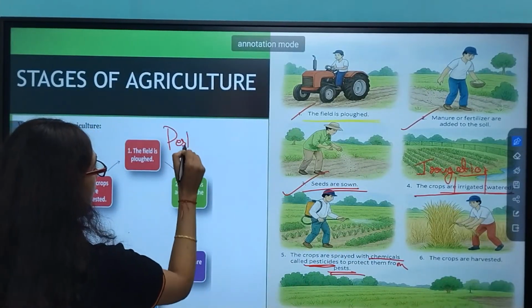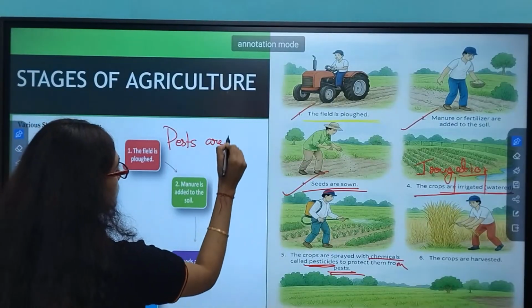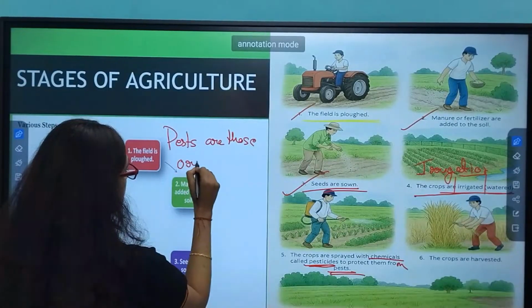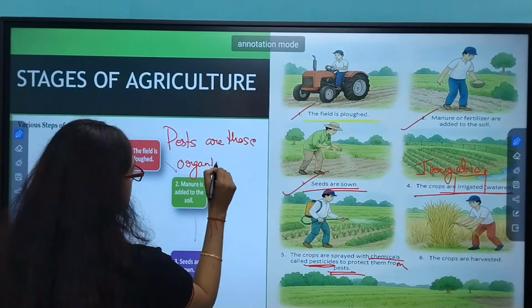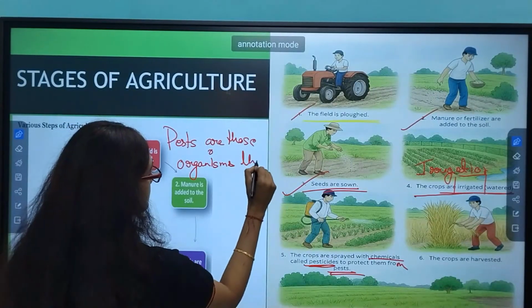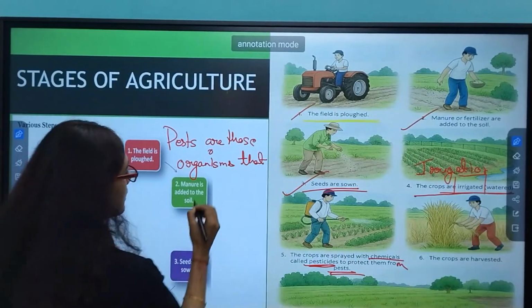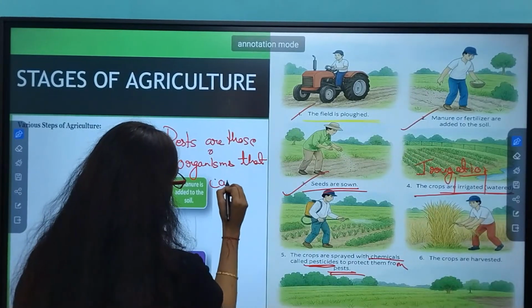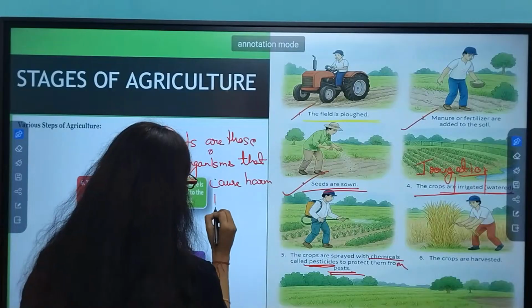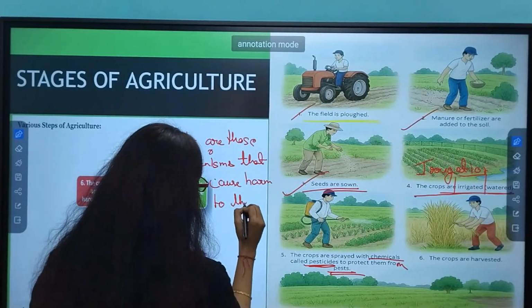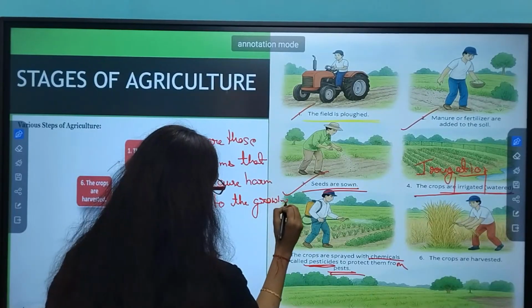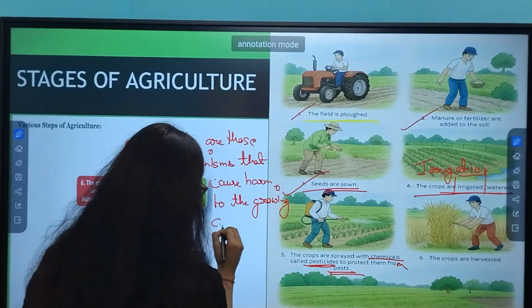Pests are those organisms that cause harm to the growing crop.